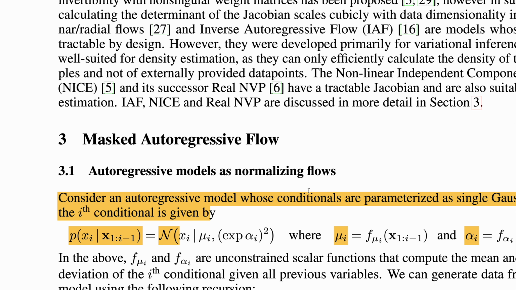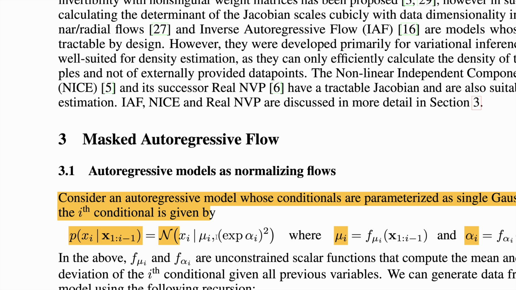Okay, so a common way to model each conditional distribution, so each 1D conditional, is to model them as a normal distribution. So you model P of xi given all the previously generated values as a normal distribution with a mean and a standard deviation.